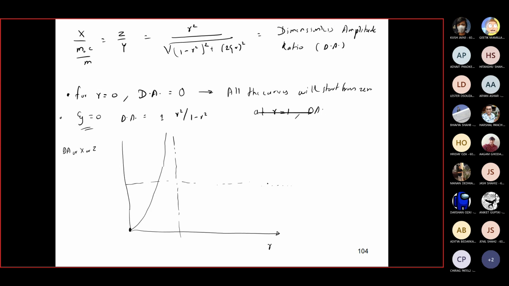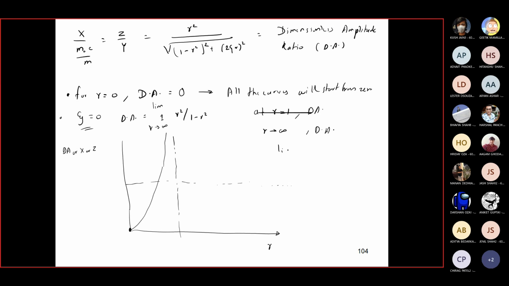And what happens when r goes to infinity? What happens to this dimensionless amplitude? Put the limit to this equation as r tends to infinity.